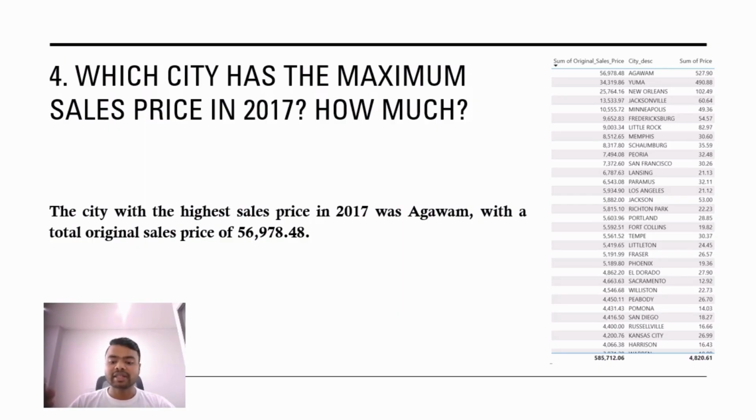The table was sorted in descending order by total sales price, and the city of Agawam appeared at the top of the list with a total sales price of $56,978.48, indicating it had the highest revenue among all the cities that year.